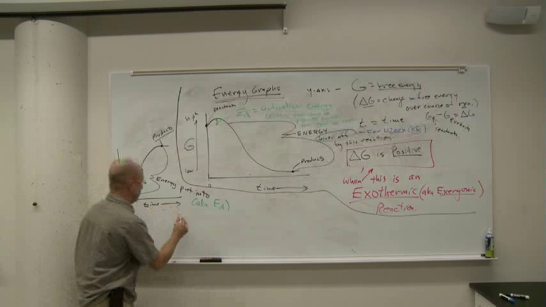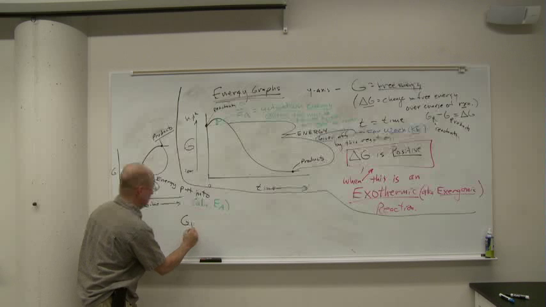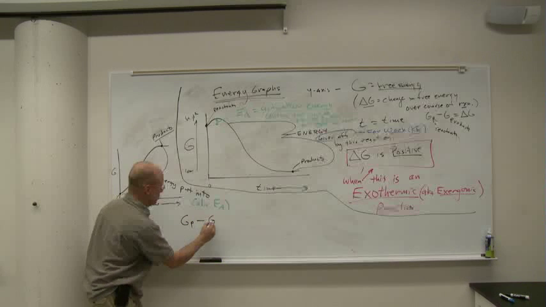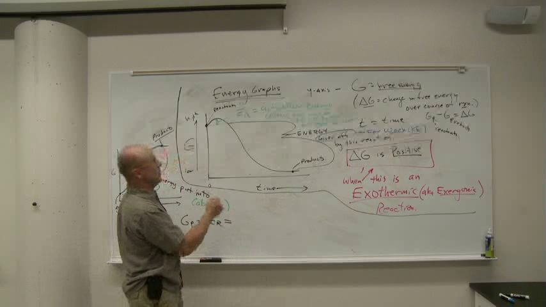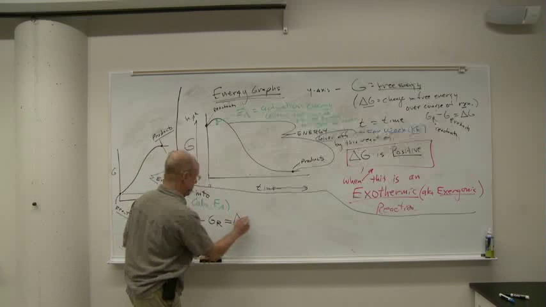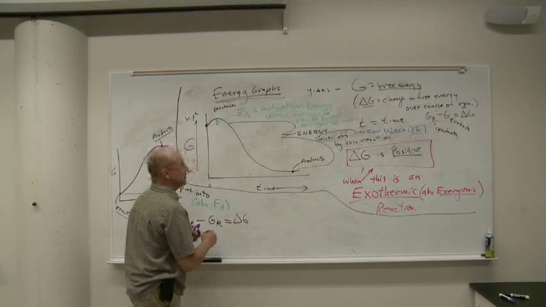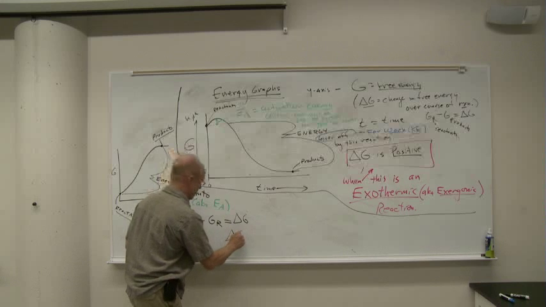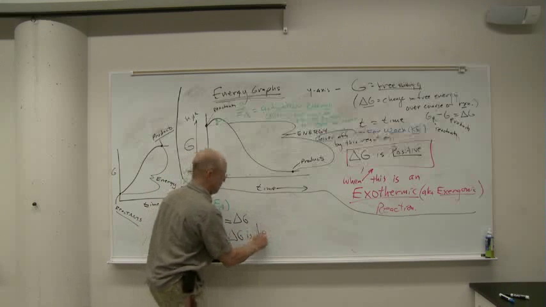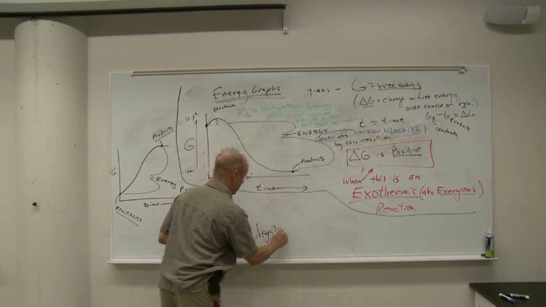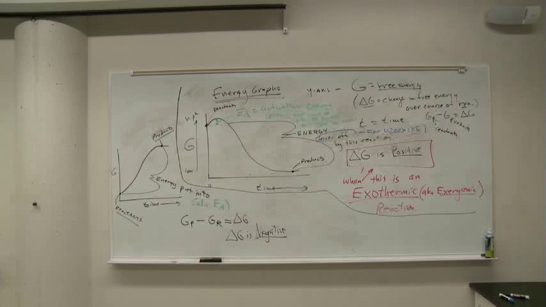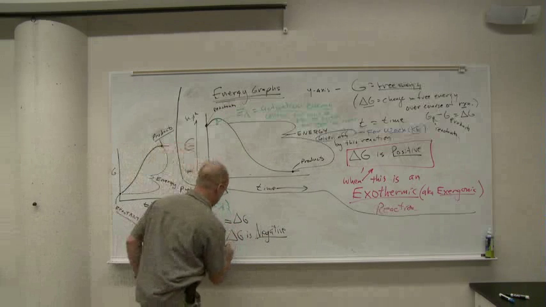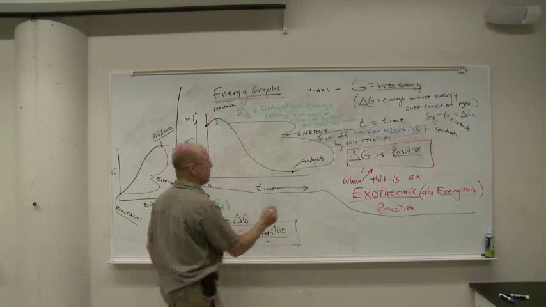Check this out. G products minus G reactants is equal to, in this case, delta G negative here. And we will call this reaction with another color.